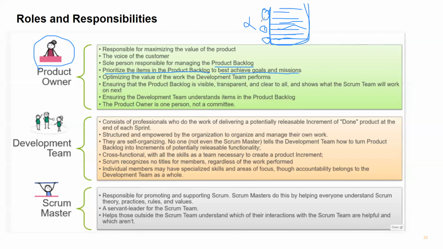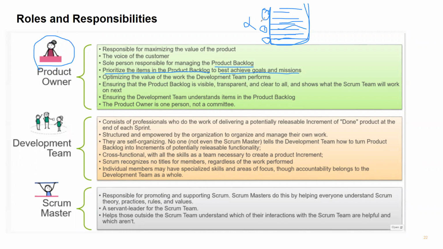But architects are more technical, correct? So he will be part of the development team. The development team is a cross-functional team which will have developers, testers, architects, DB people, documentation, or DevOps, whichever operations functions are required to deliver the goal of a sprint.